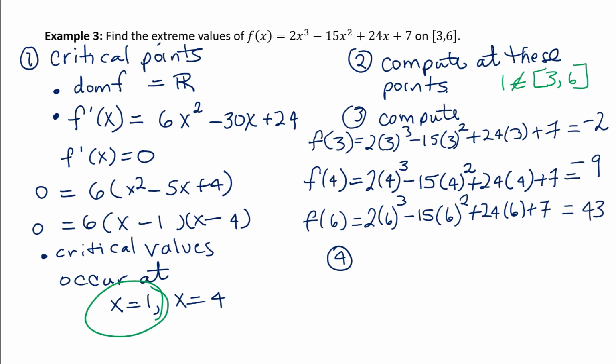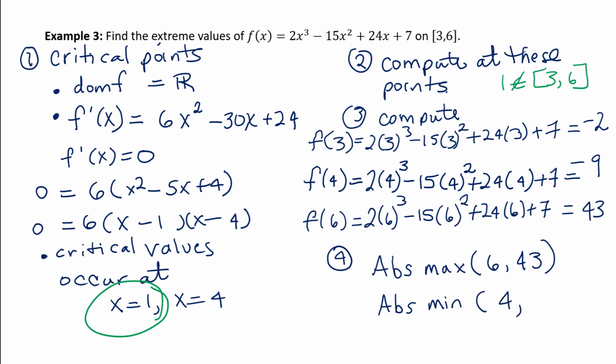So we have an absolute max at 6, whose value is 43, and we have an absolute minimum at 4, whose function value is -9.